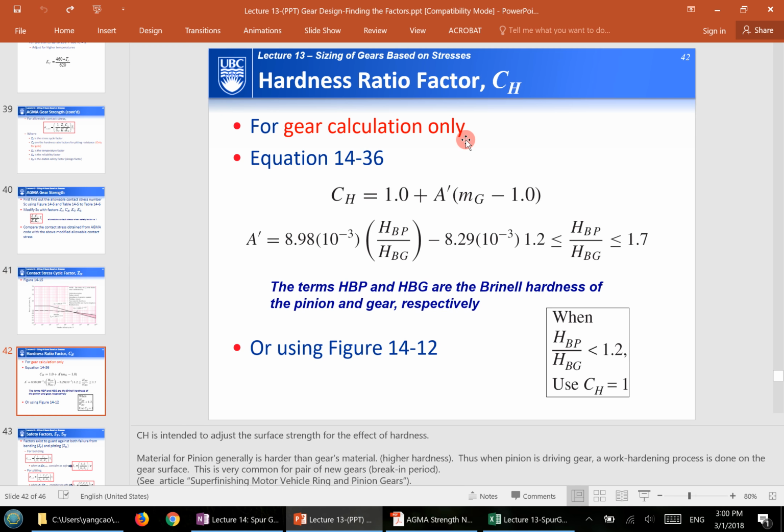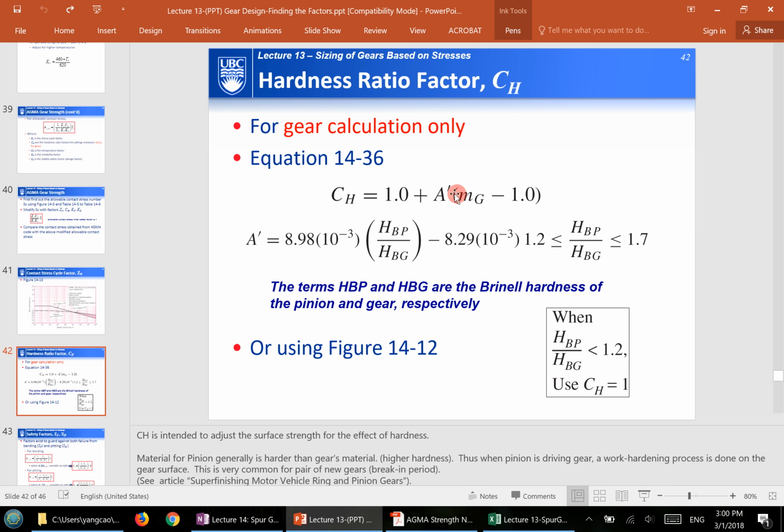And so that constant pressure application from the pinion to the gear will give you this kind of work hardening process on the surface of the gear. So that's why this factor here will be only used for the gear.